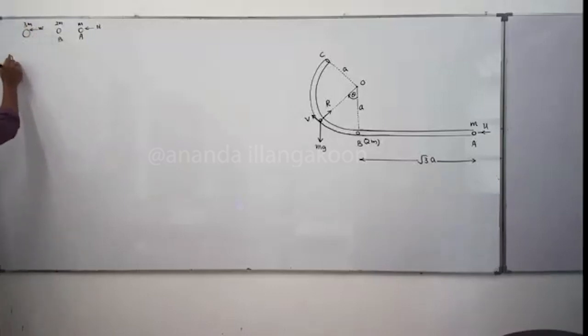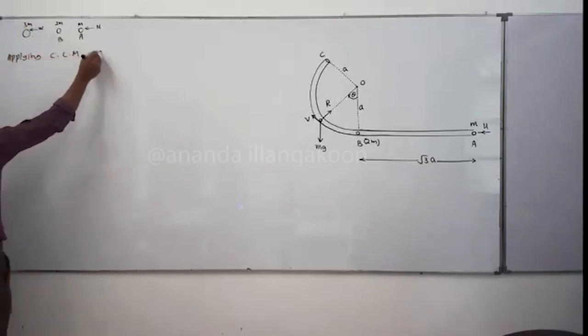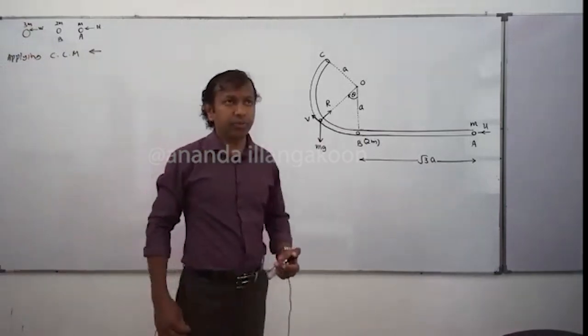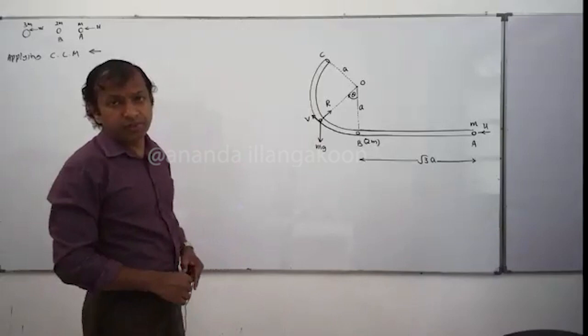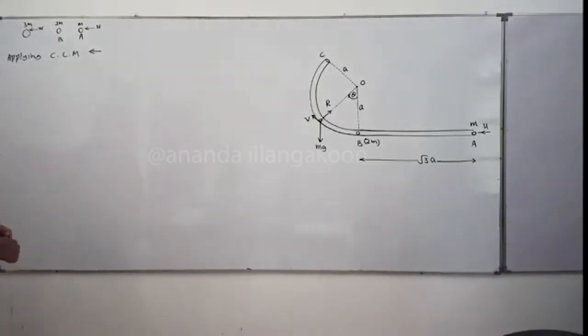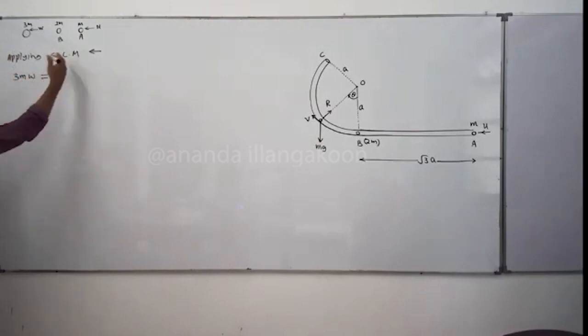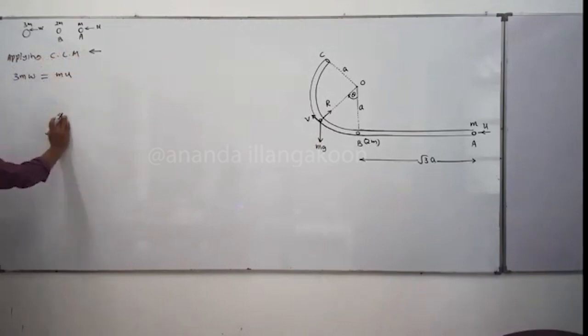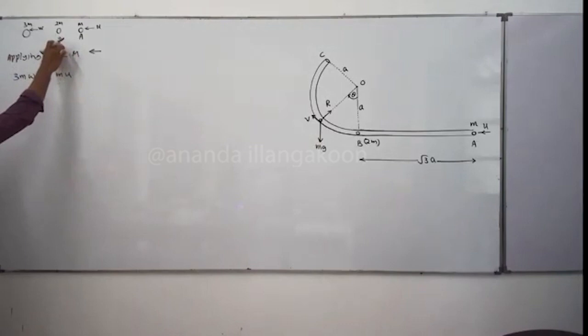Now applying conservation of linear momentum in this direction. Just before the impact, the total momentum of the system is equal to the momentum of the system just after impact. Just after impact, the momentum is 3mw. Just before it is mu, because the 2m particle is at rest before the impact.